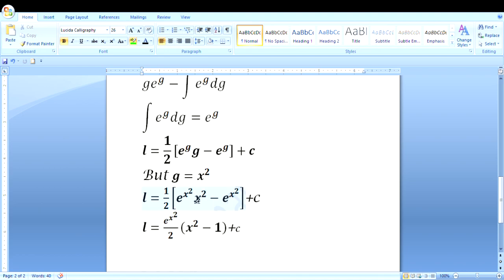So if we factor out exponential x squared here, the integral becomes exponential x squared over 2 open bracket x squared minus 1 close bracket plus c. We can also express this x squared minus 1 as x minus 1 times x plus 1. But here we can leave it in this manner.